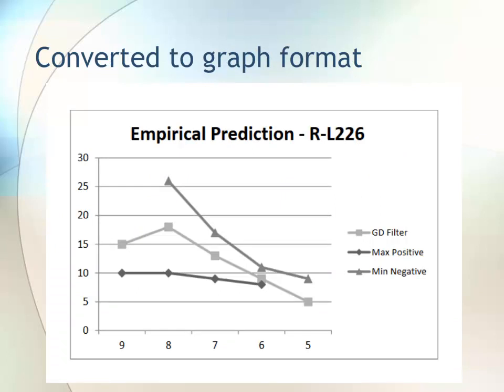This is just taking the table and converting it to graph form to give you a more visual understanding of how this technology is working. First of all, the bottom line, which has the little diamonds, is the maximum genetic distance to test positive. So the binary logistic regression will basically fit a curve to that one.